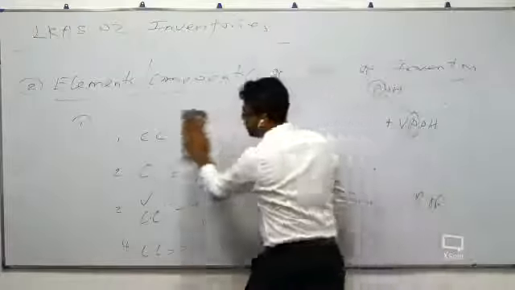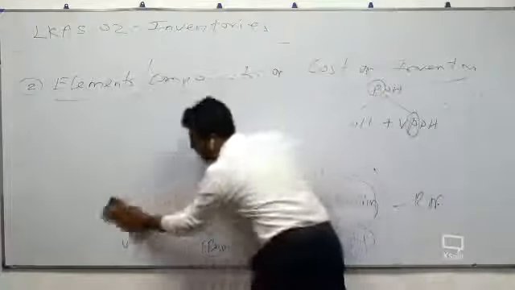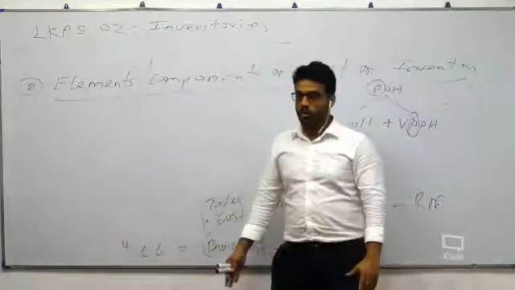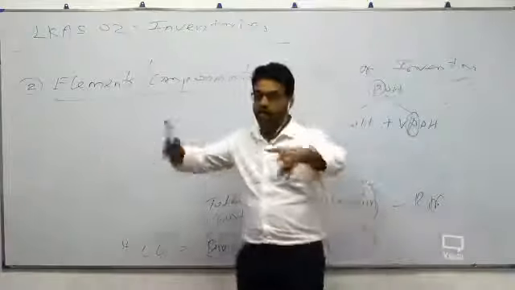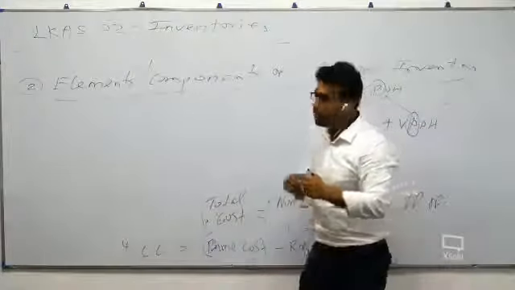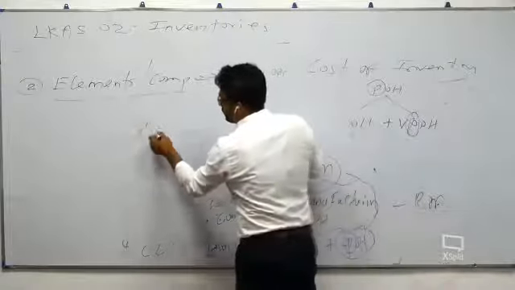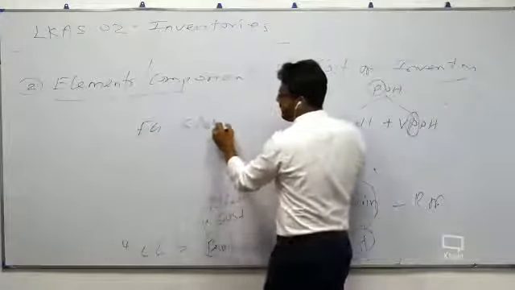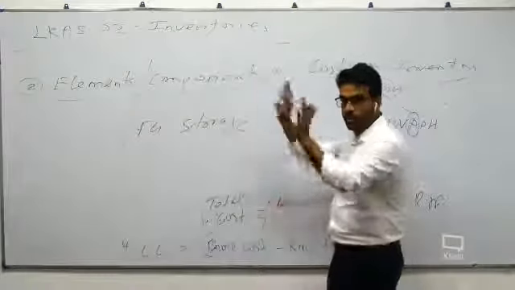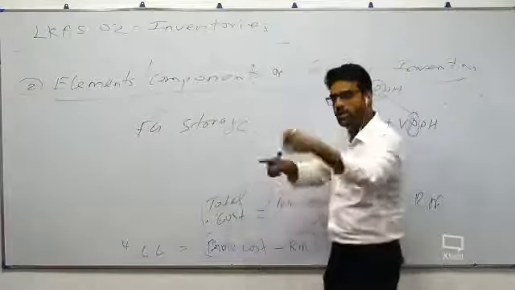Remember, storage can happen after manufacturing. Normally, you are running a factory. After you manufacture the goods in the factory, you can store it. Next step, you call it finished goods storage. You manufacture the finished goods, complete the product, production is over, and after the production is over, you will store it.